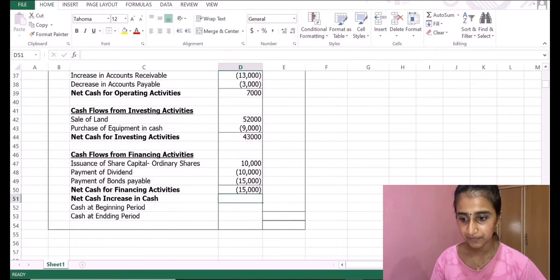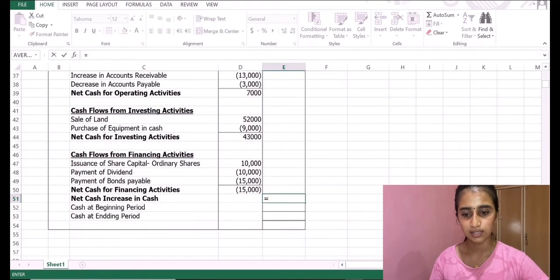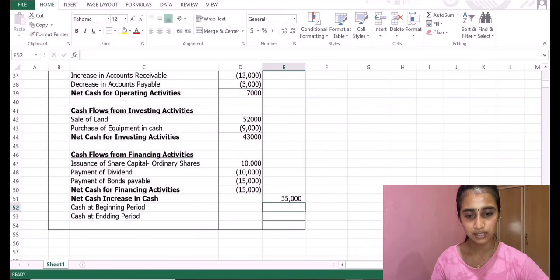Then to find the net cash increase or decrease, we have to sum up the net cash from operating activities, investing activities and financing activities. So 7,000 plus 43,000 plus minus 15,000. I already put a bracket there, so I just mentioned that plus. Then we get a net increase of 35,000.